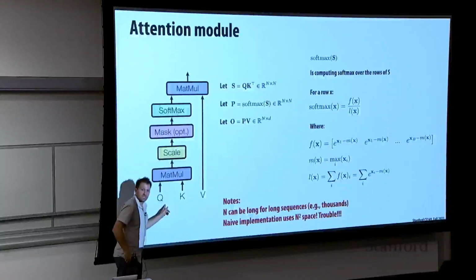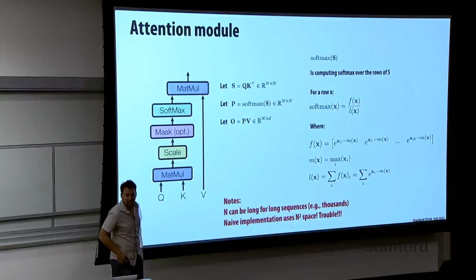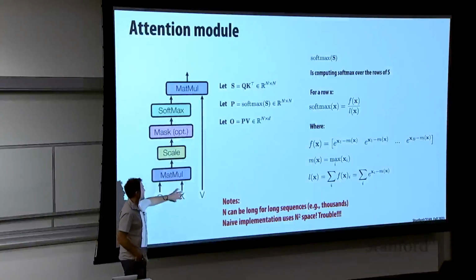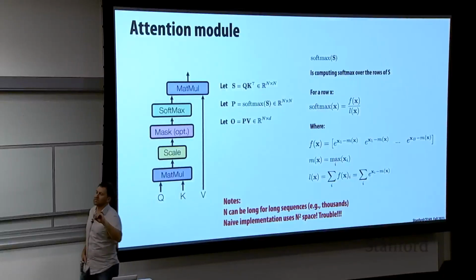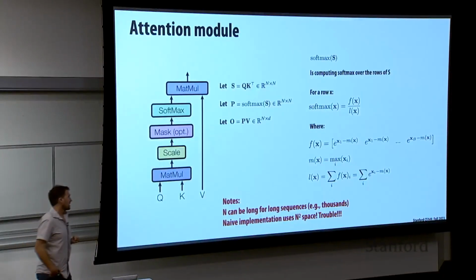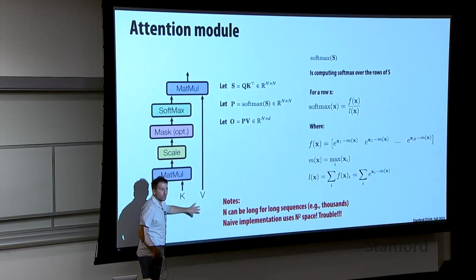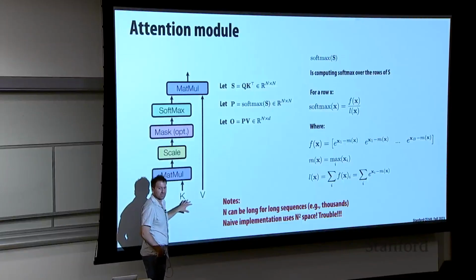The inputs are 3 tensors, Q, K, and V. You can interpret these as a query, the key that the queries match, and the value. For every element in my input sequence, I think of it as looking up in a database of what other tokens match, and based on what matches, that influences the output.